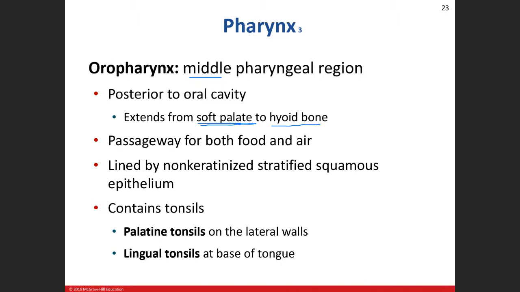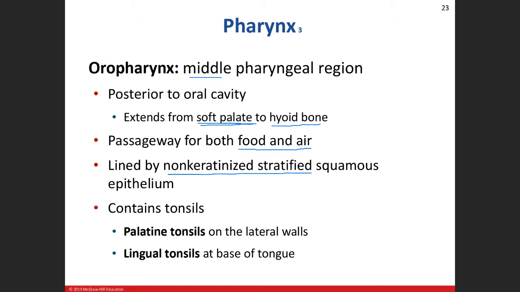The oral pharynx is where both food, liquid, and air move through. That's why that area is lined with non-keratinized stratified squamous epithelium. Stratified epithelium handles mechanical stresses very well.